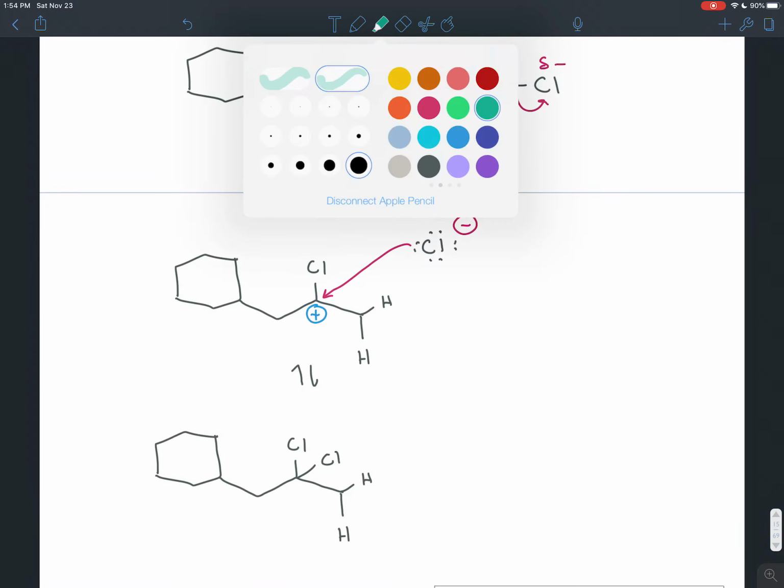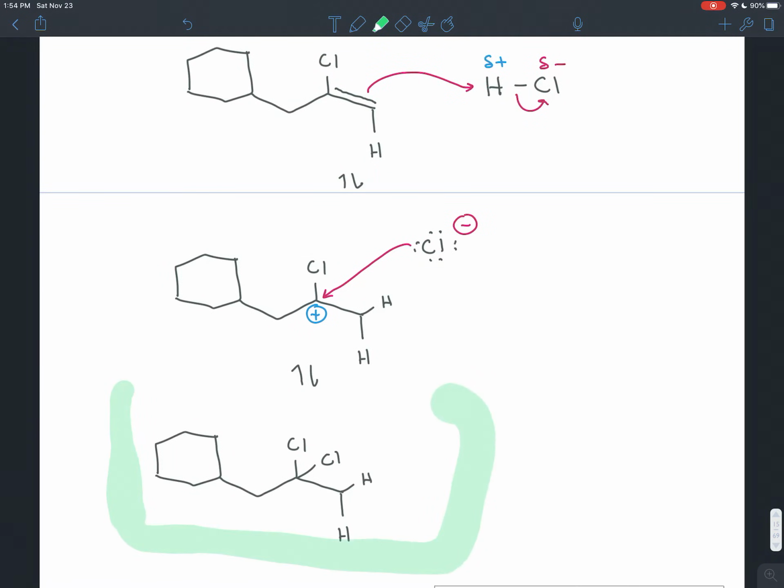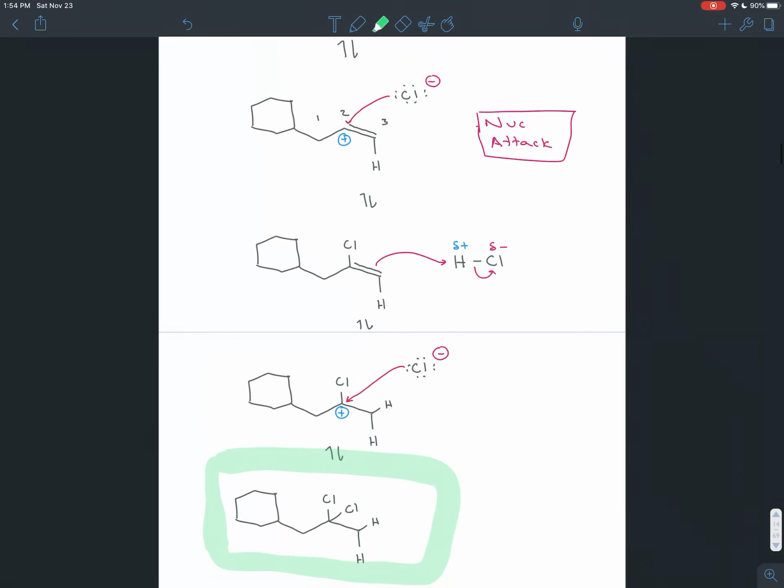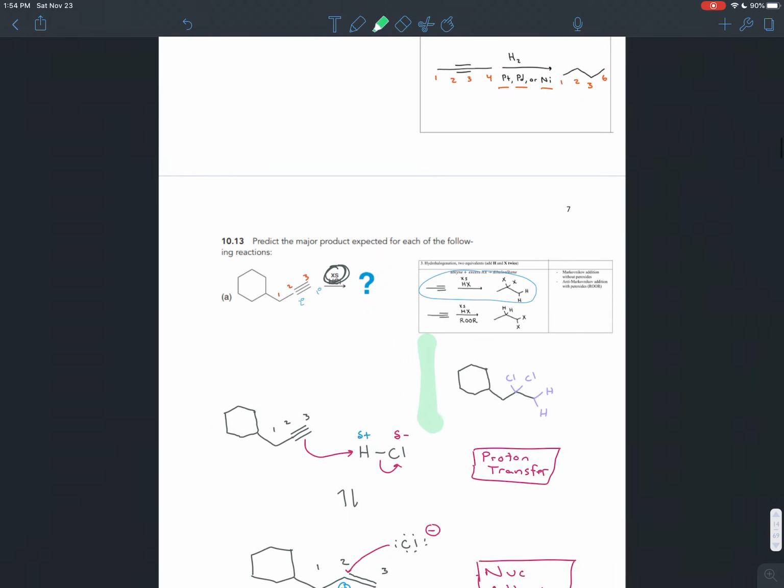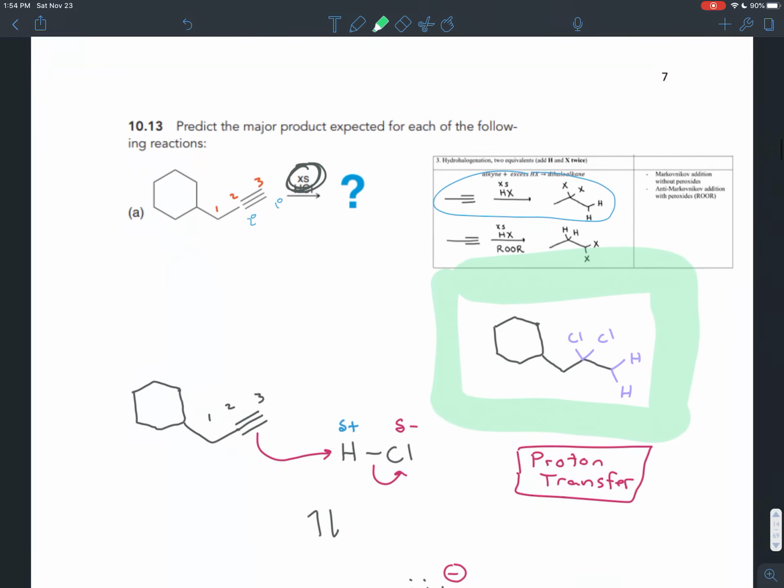And notice that that is exactly what we had predicted when we drew that earlier here.